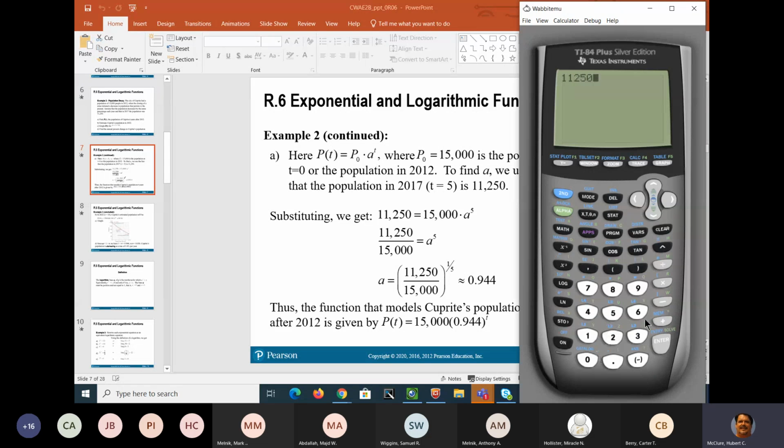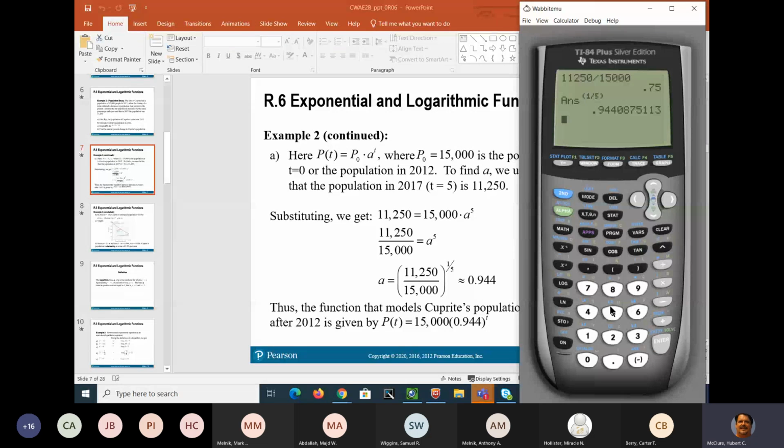11,250 divided by 15,000. And I'm going to raise that to the parentheses, 1 divided by 5. Well, let's say I don't like to do that 1 divided by 5. Well, that's 0.2.